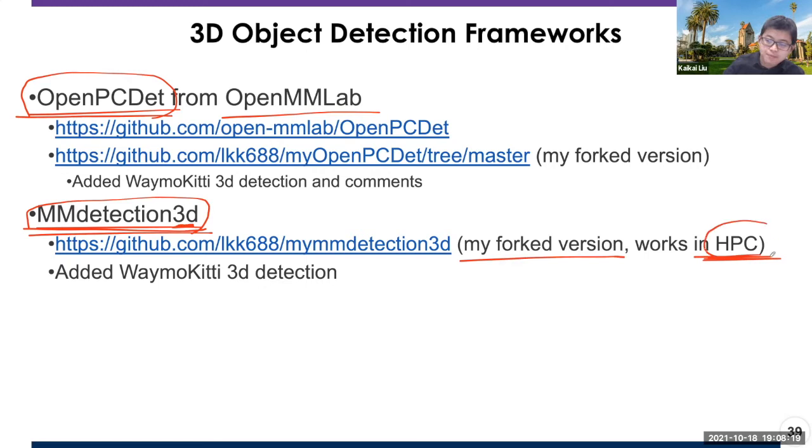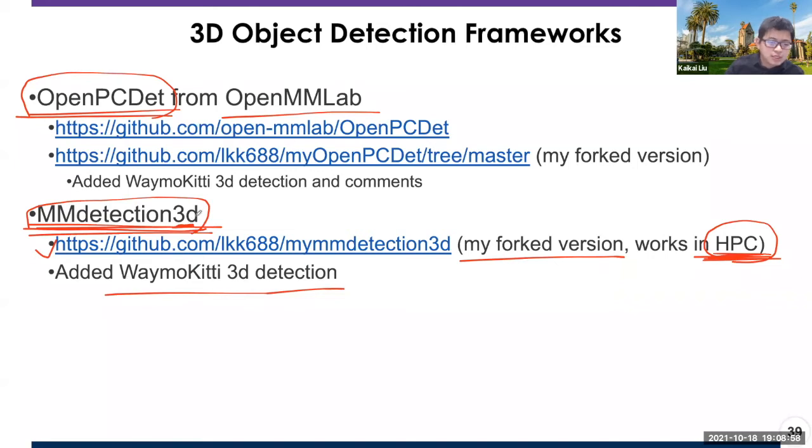In the HPC tutorial, I also have very detailed steps for how to install and use MMDetection3D on our HPC. You can just follow my steps, but you need to use our forked version. The original version cannot work on our HPC because of different library dependencies. In addition to the original MMDetection3D, I also added Waymo and KITTI based detection.